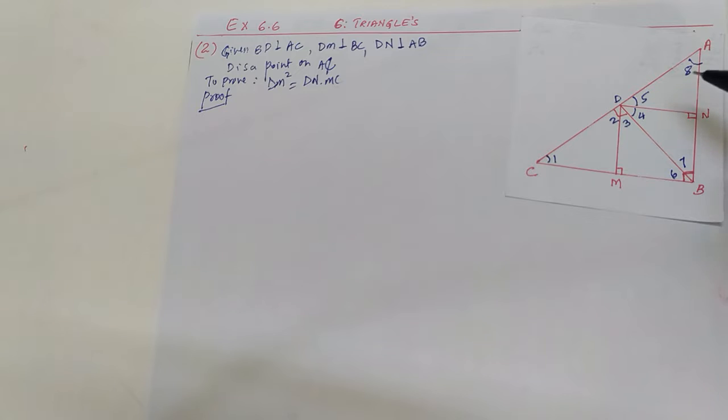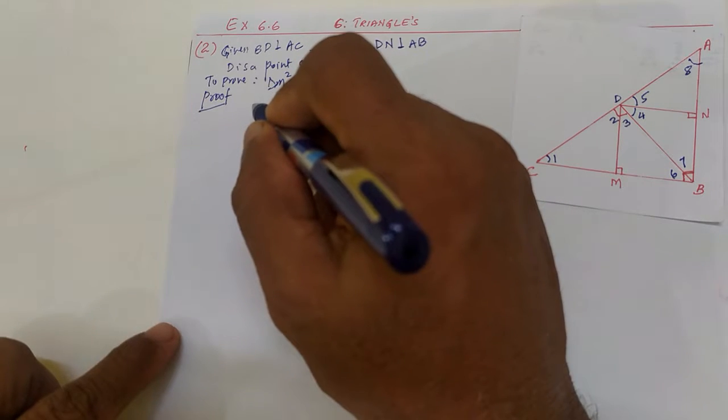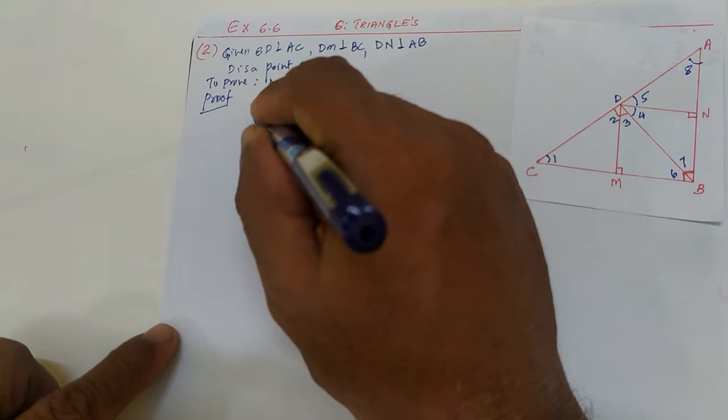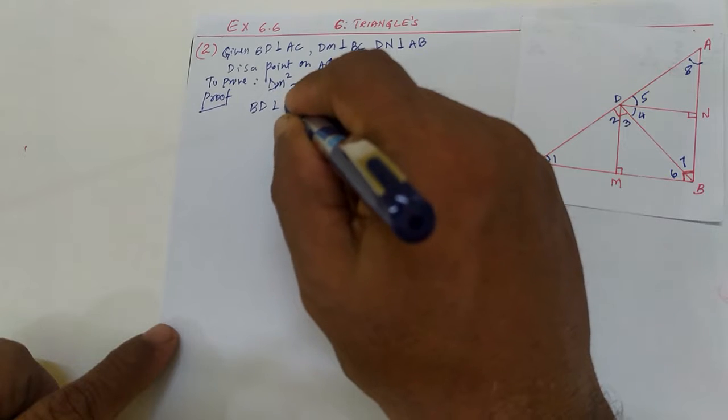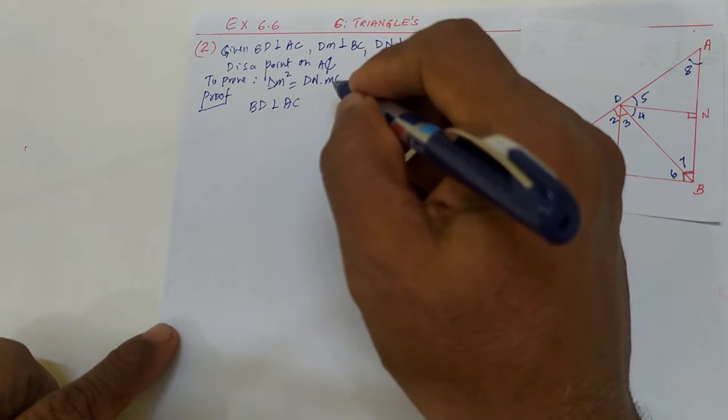As we can see, BD is perpendicular to AC. Therefore, angle D is 90 degrees. So, we can say angle 2 plus angle 3 is angle BD perpendicular to AC.